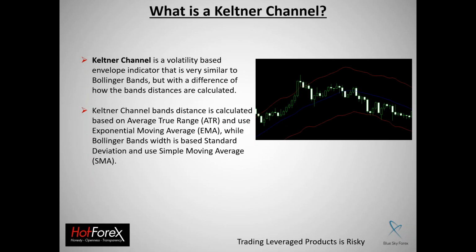So the Keltner channels, what are they? The Keltner channels are a volatility-based envelope indicator, and they are very similar to Bollinger Bands, especially visually. Although there is a difference in how the bands' distances are calculated.